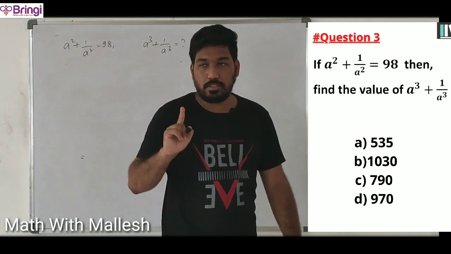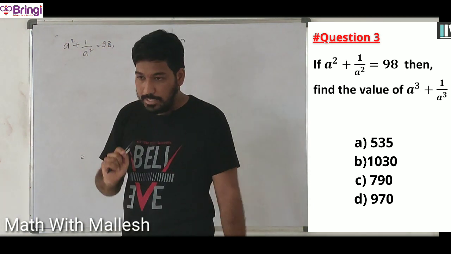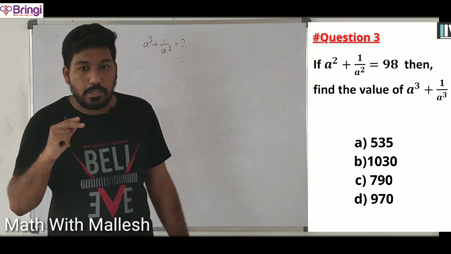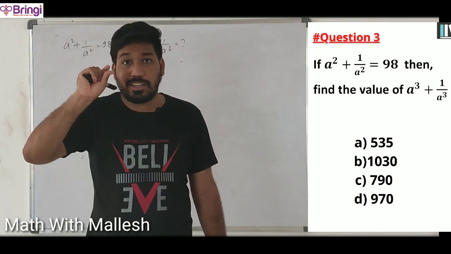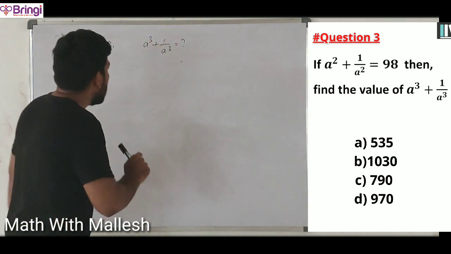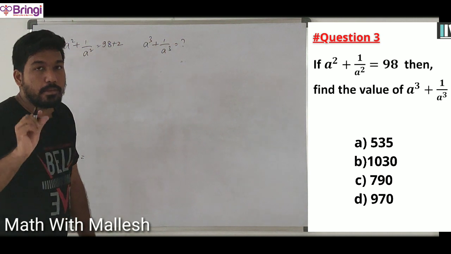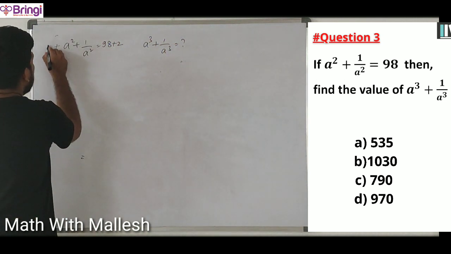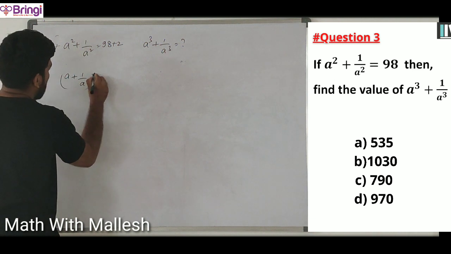So first thing you need to understand, a square plus 1 by a square is equal to 98. Whether we need to add 2 or subtract 2 depends upon the nearest square. So if you add 2, then only you are going to get a perfect square. So when you are adding 2, it's going to be a plus 1 by a whole square.